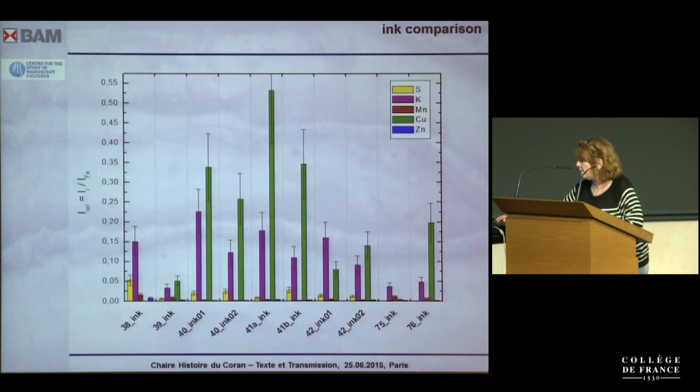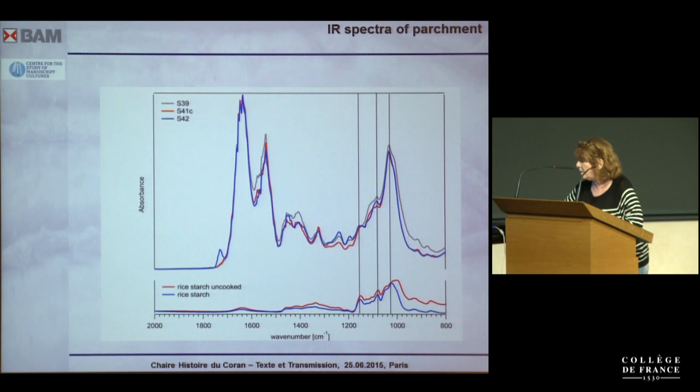Now my time is almost gone, so I will take a couple of minutes to speak about parchment. Studies of the ink are very well known, and we can not only identify the inks, we can also compare inks, and this is a topic for a long lecture. However, one of the things we do with the inks is we identify their composition and we compare them.